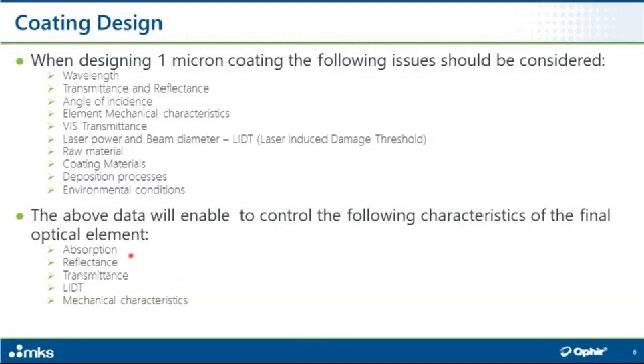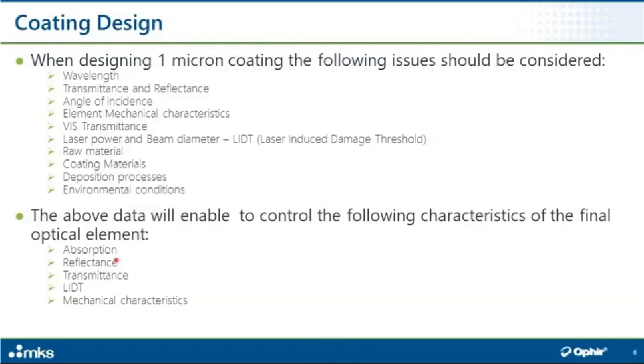Absorption, as I said, is a top priority in terms of performance. Absorption should be as low as possible. Secondly, reflectance. Reflection also should be minimal, but typically there is a trade-off between absorption and reflection.